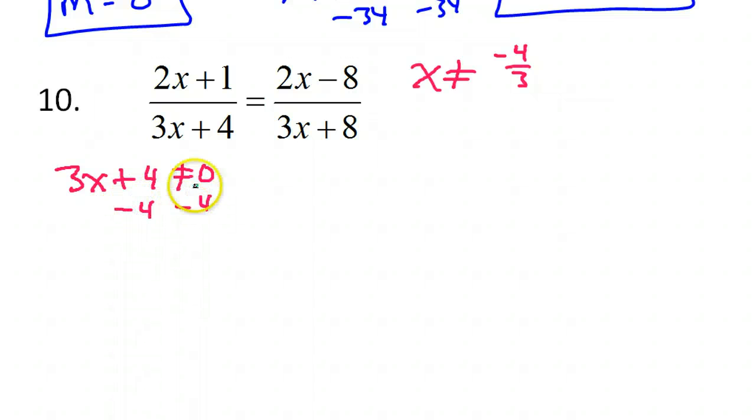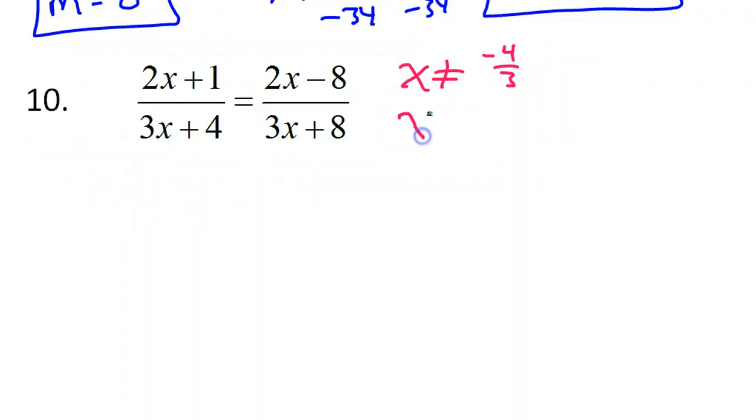So I'm subtracting 4 from both sides, and so that's giving me that 3x cannot equal negative 4. And then I'm dividing both sides by 3. So that's how I'm getting this. Similarly, because of this denominator, x cannot equal negative 8 over 3.